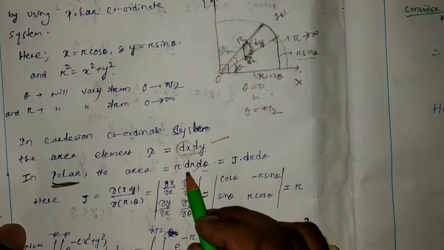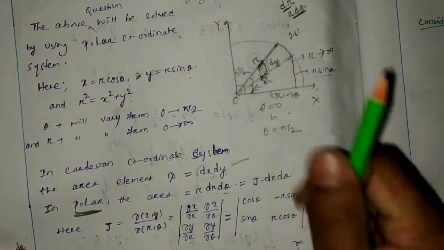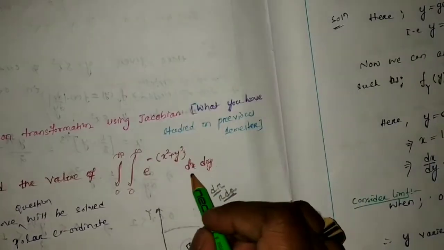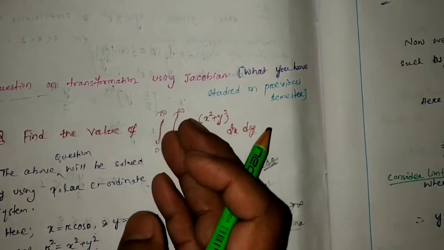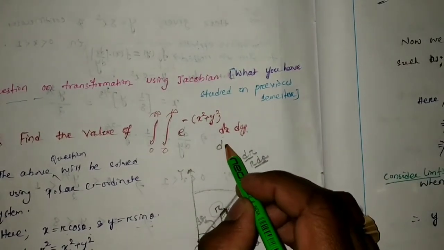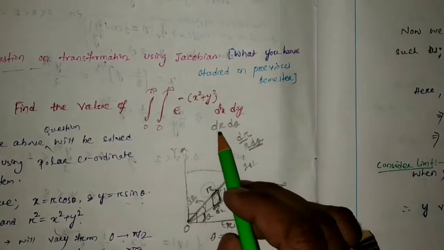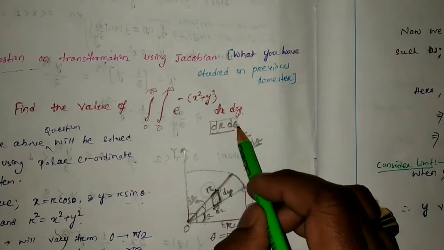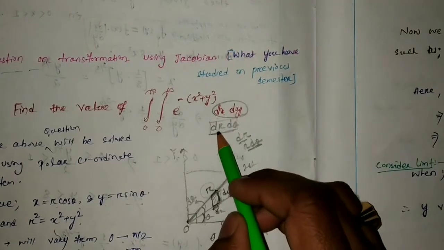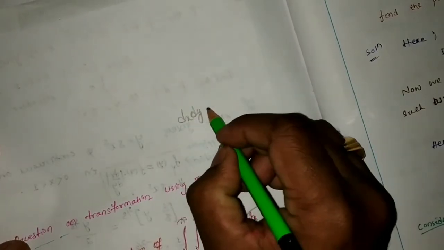So here you can see that in the Cartesian coordinate system, we have the two variables x and y, so in your integral dx dy is there. If I convert this integral to the polar coordinate system, r and theta are the variables. Simply, I cannot write dr d theta, okay, because we are considering the area element. That means dx dy represents the area element, so it has to be dimensionally correct.